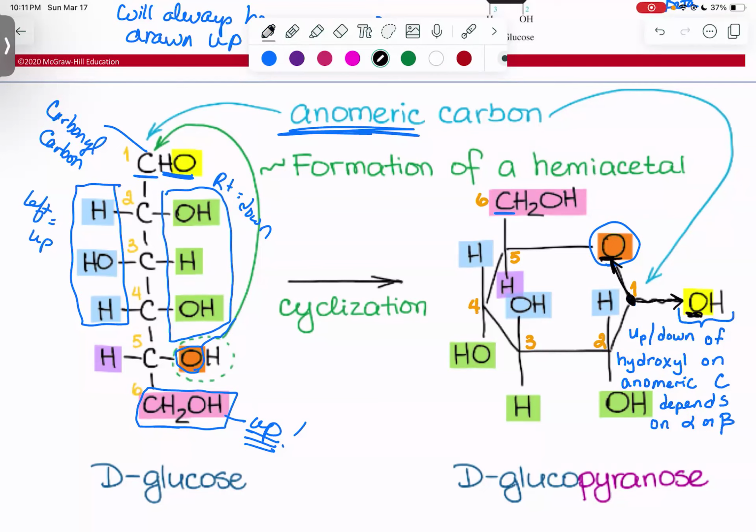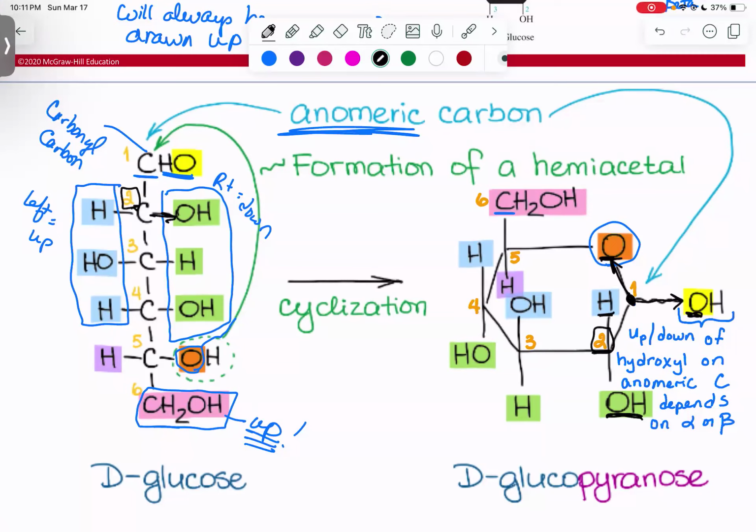We try to give that carbonyl carbon the lowest number possible. So if I had something like CH2OH here, this would get carbon number 1, and that would get carbon number 2. But that's not what we have here for glucose. Okay. So then we go around the ring and we number. So for carbon number 2, we look at carbon number 2 over here and we say OH is going to the right, so it goes down. Hydrogen's on the left, it goes up.